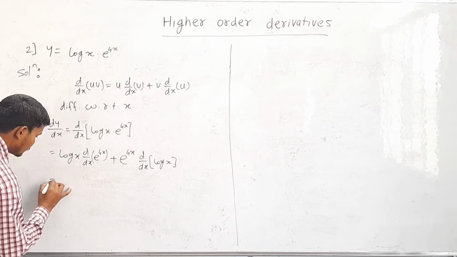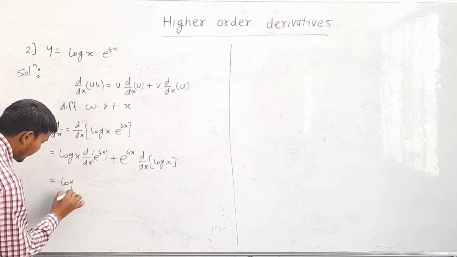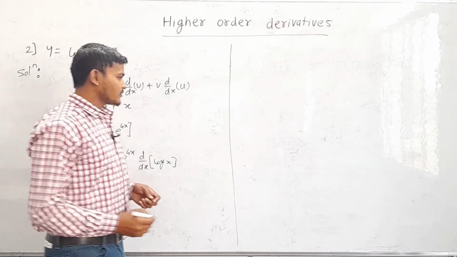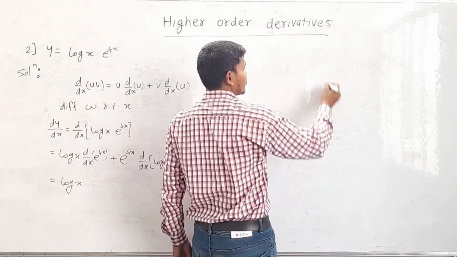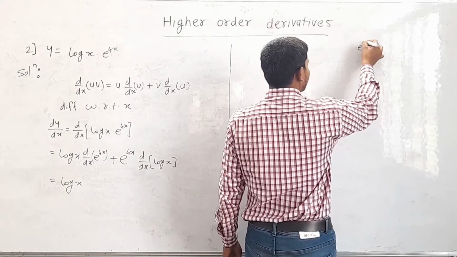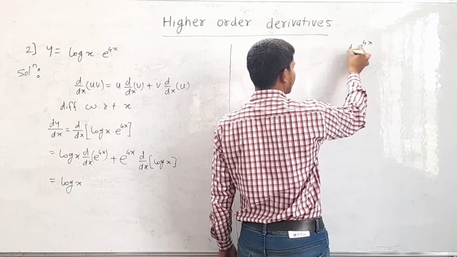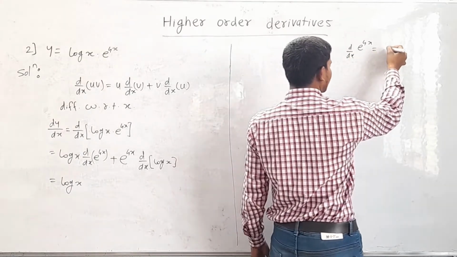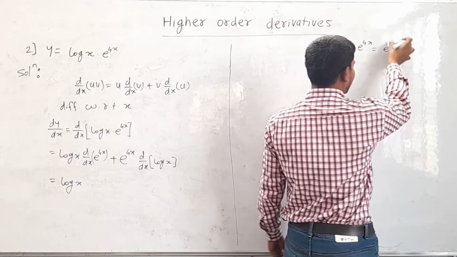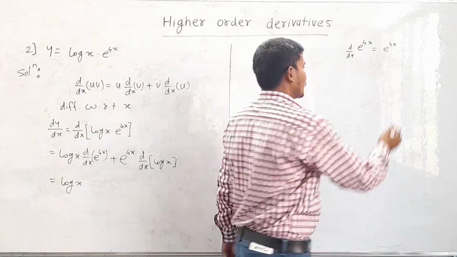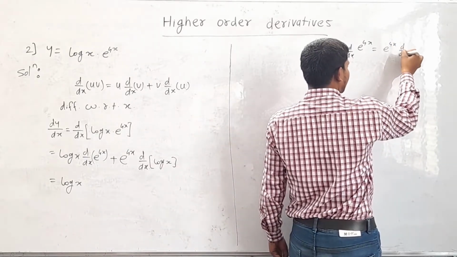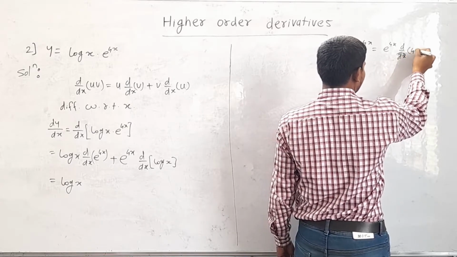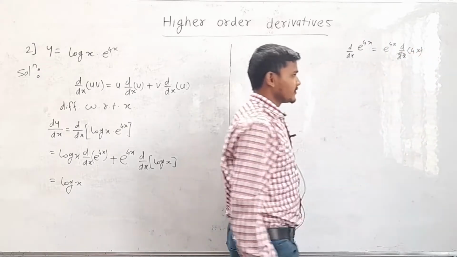So, log x as it is, times the derivative of e raised to 4x. The derivative of e raised to 4x is e raised to 4x, and 4x is the function, so we multiply by the derivative of 4x, which is 4.